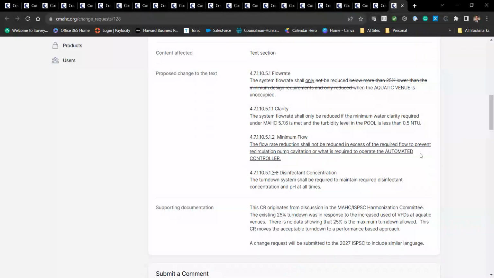And then 47110-513 just changes the numbering for disinfection concentration from 1-2 with the minimum flow addition for that section, and then moves disinfection concentration to 1-3. Again, this is from the MAC ISPSC Harmonization Committee.